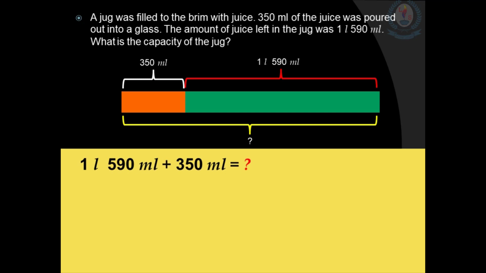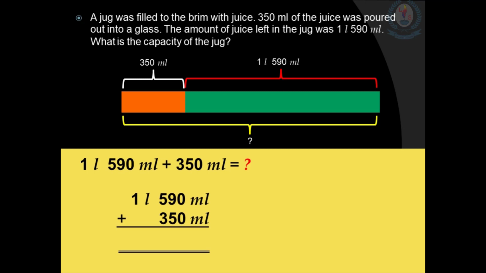To find that, we have to add 1 liter 590 milliliters plus 350 milliliters. Always remember to write it in the vertical way, from top to bottom.